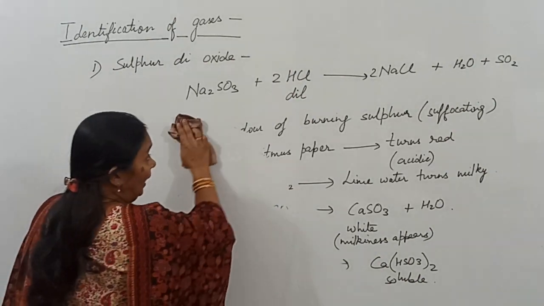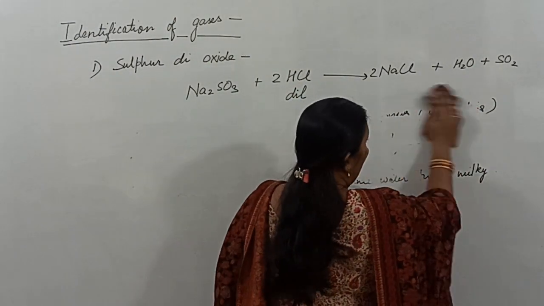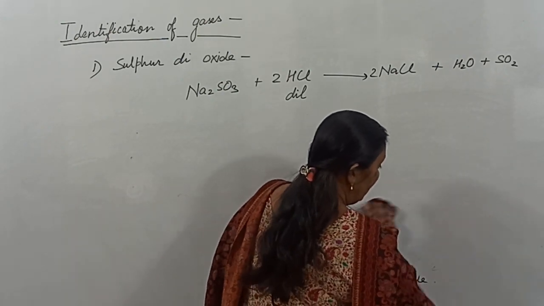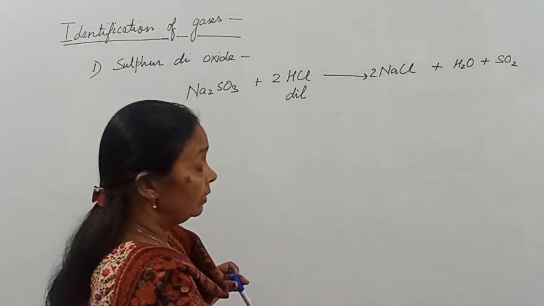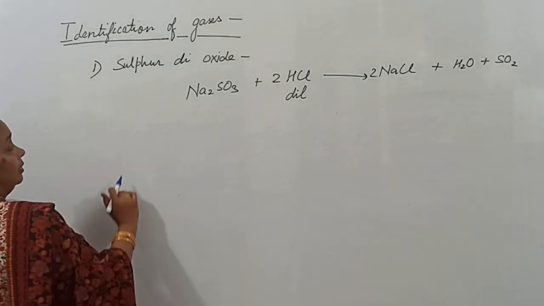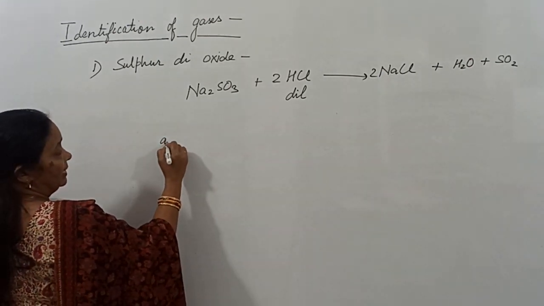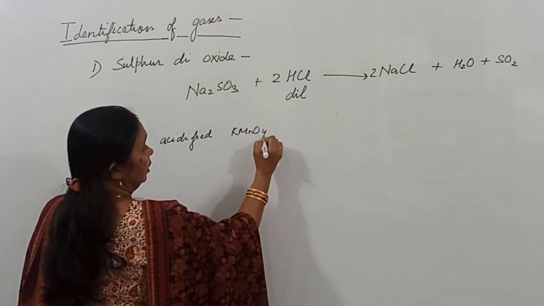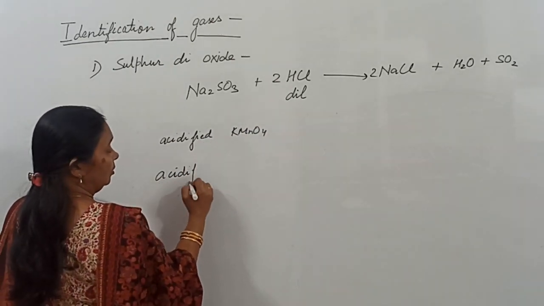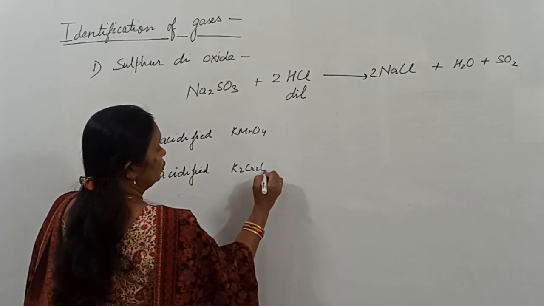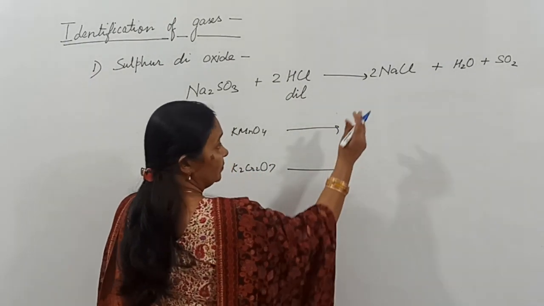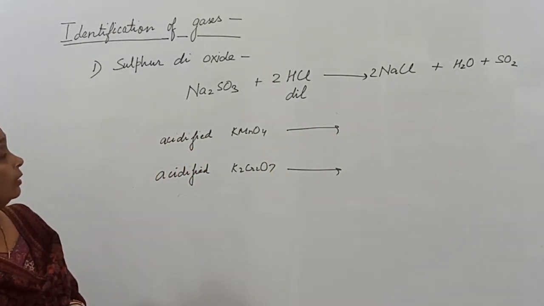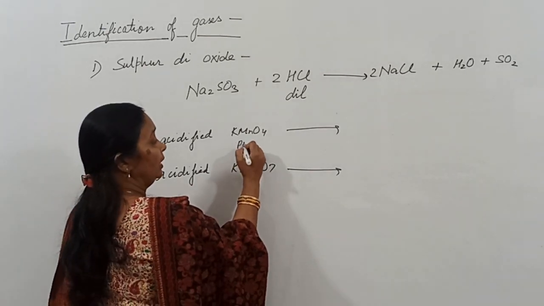We will take from the lab solutions of potassium permanganate and potassium dichromate: acidified KMnO4 and acidified K2Cr2O7.